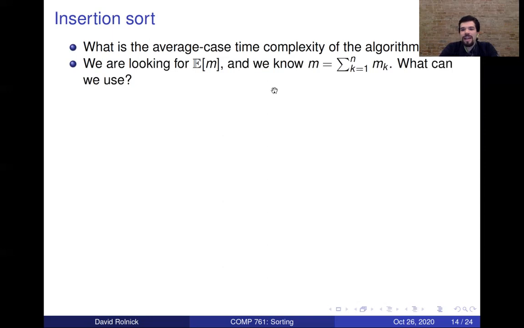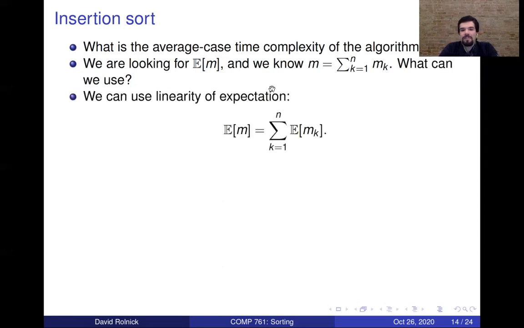Linearity of expectation, yay. So the expected value of m is just the sum of the expected values of mk. What is the expected value of mk?